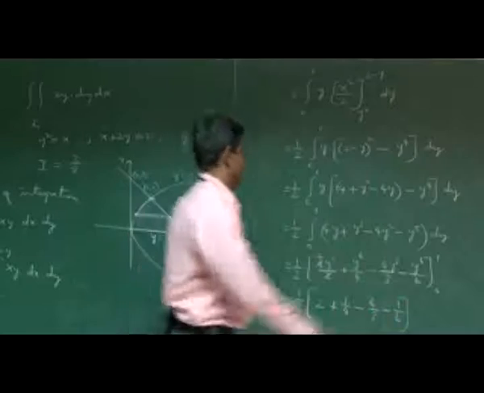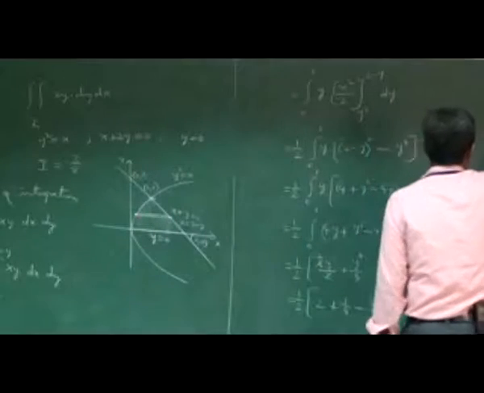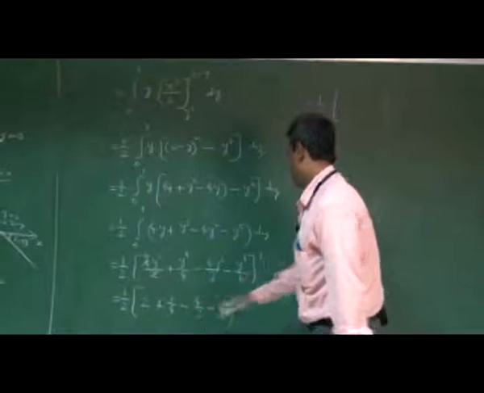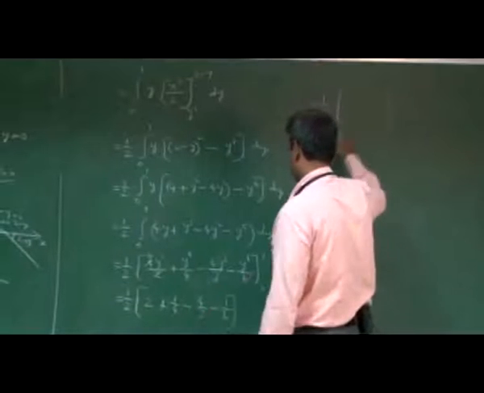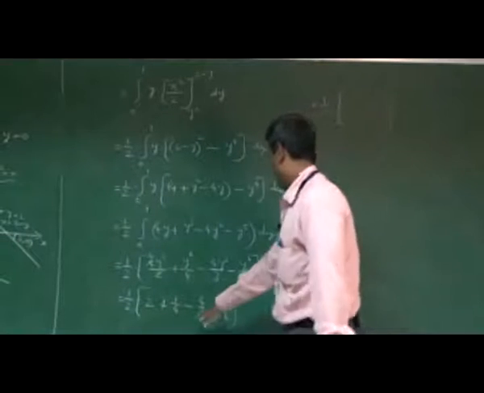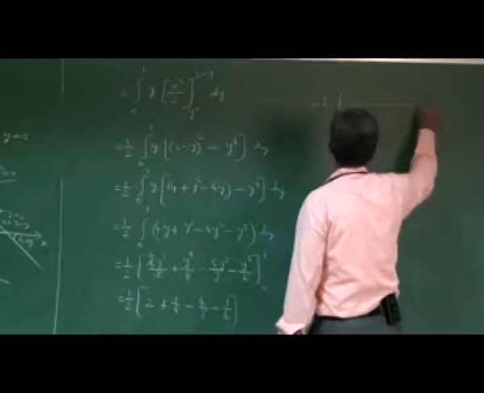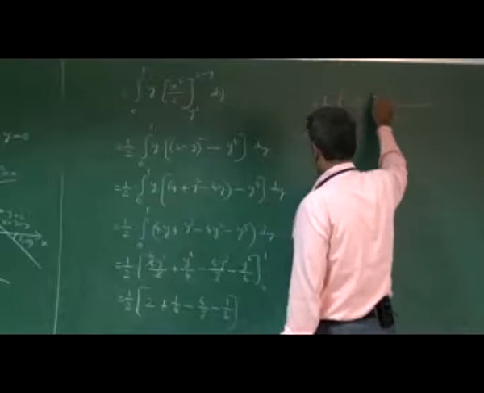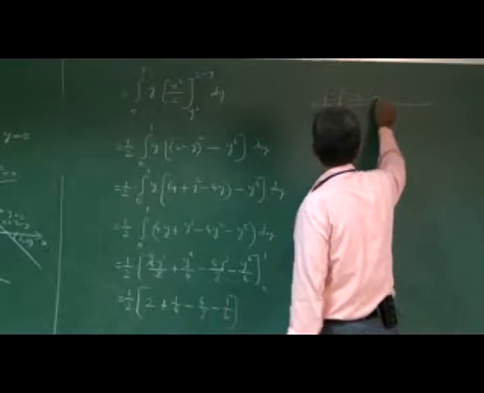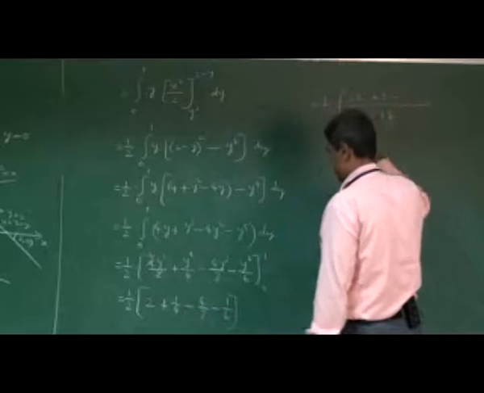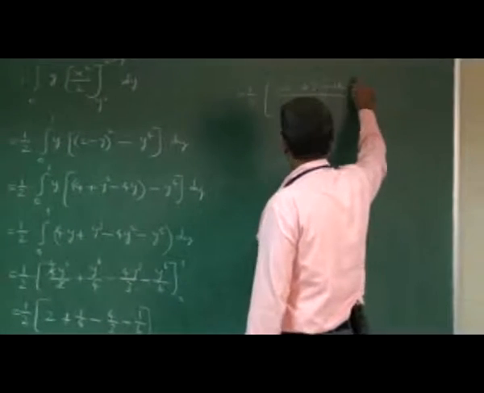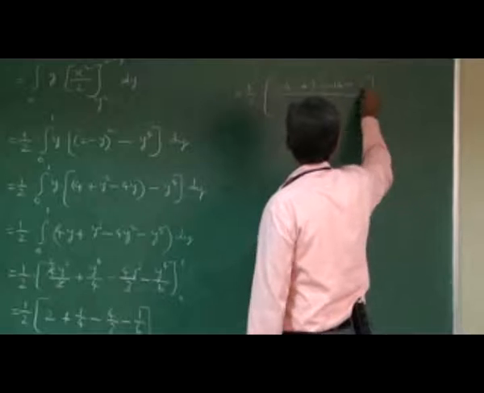We simplify by taking the LCM of 4, 3 and 6, which is 12. So 12 twos are 24, plus 12 threes are 3, minus 3 fours are 16, minus 6 twos are 2.